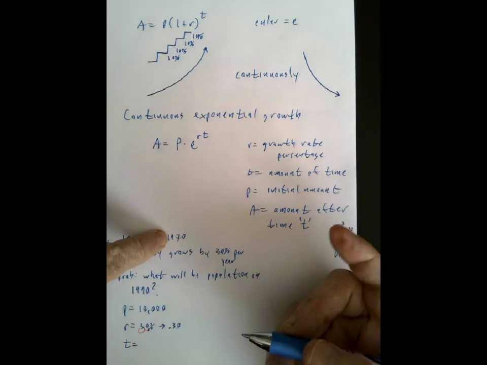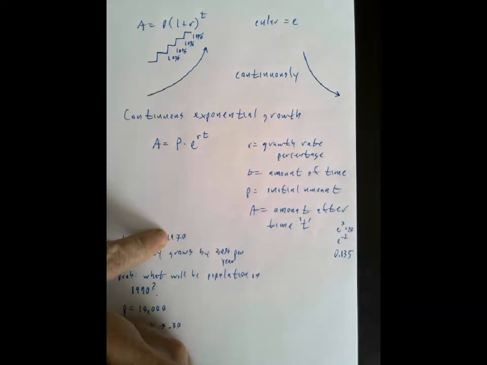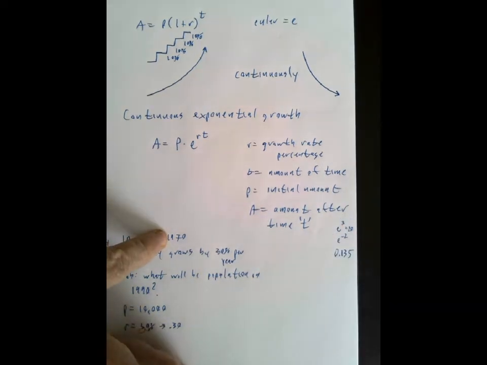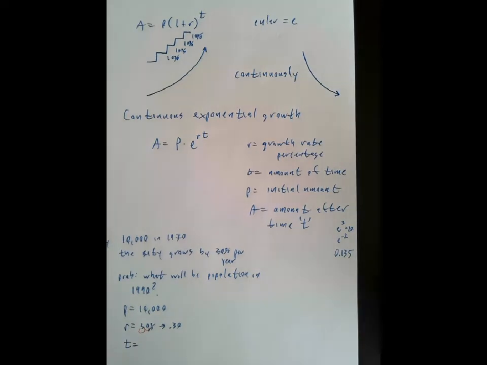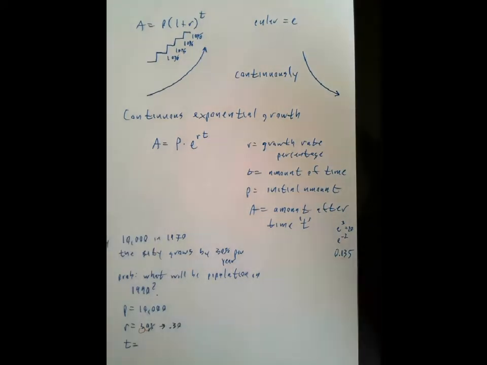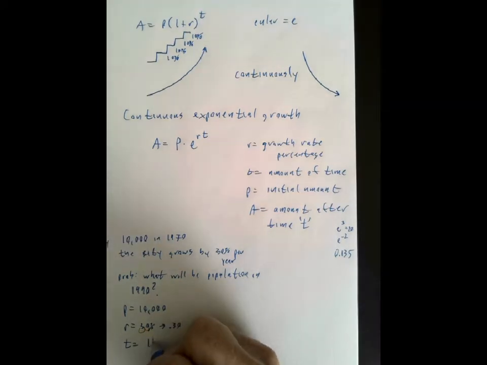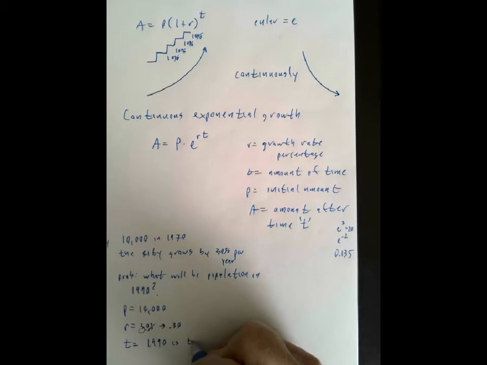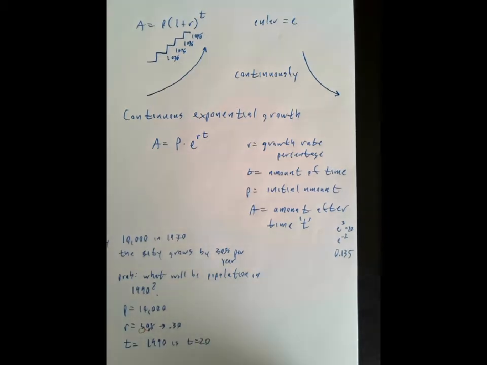But it's simplest to think of 1970 as year 0, as T is equal to 0, because that's when we're starting our growth problem. That would mean 1990, can you see, is 20 years later. So 1990 is T equals 20, right?